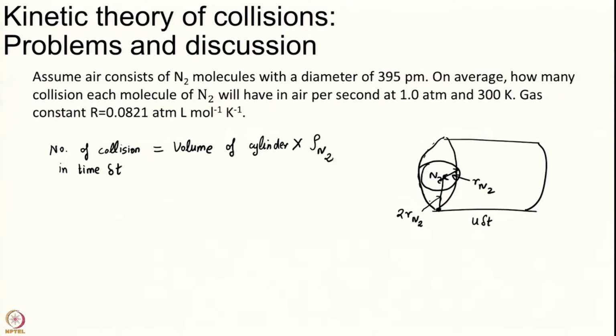The density of nitrogen will tell me the probability that another nitrogen molecule is in there. So, this is equal to pi R N2 squared u delta t rho N2.